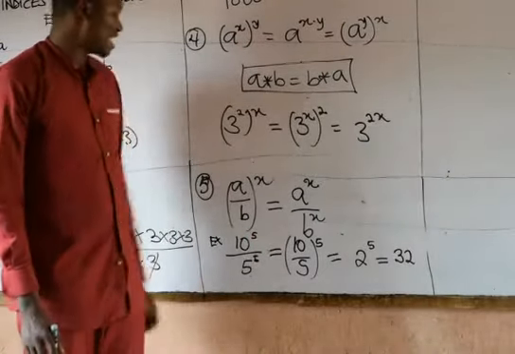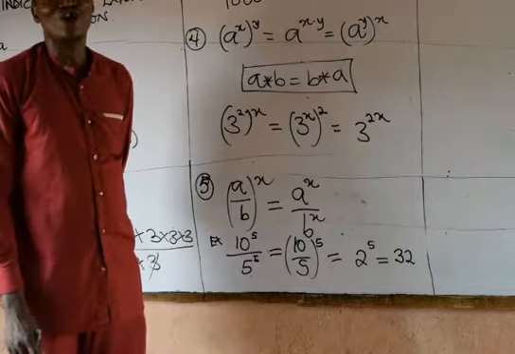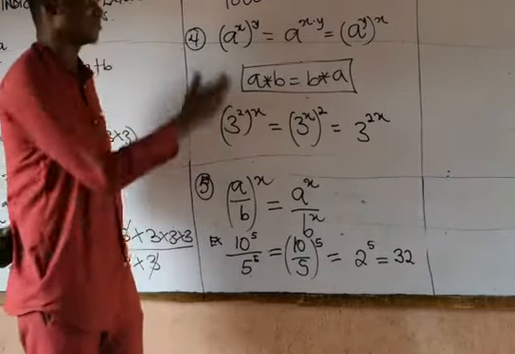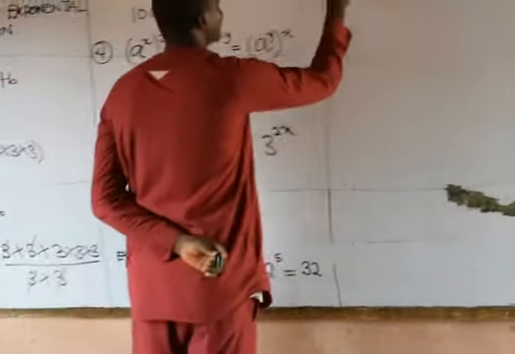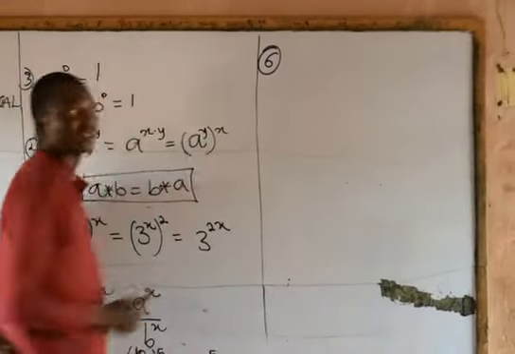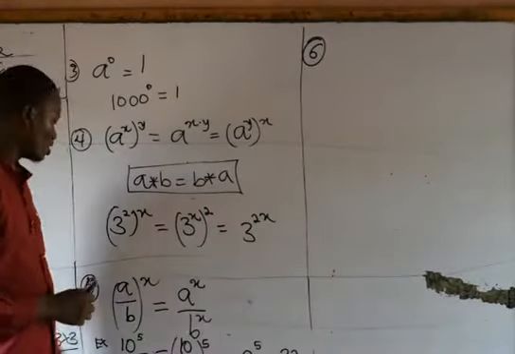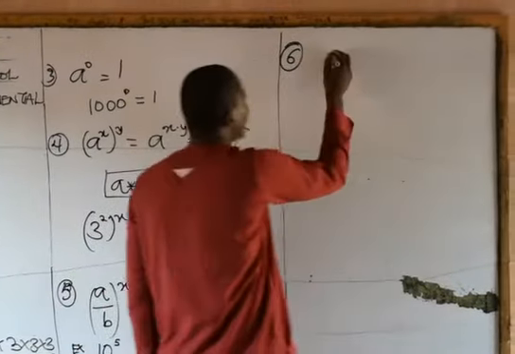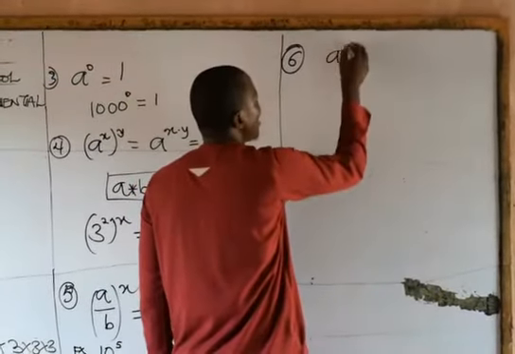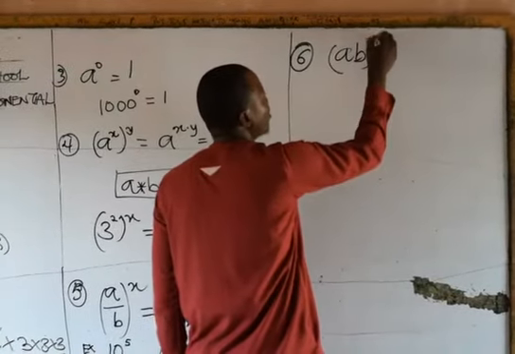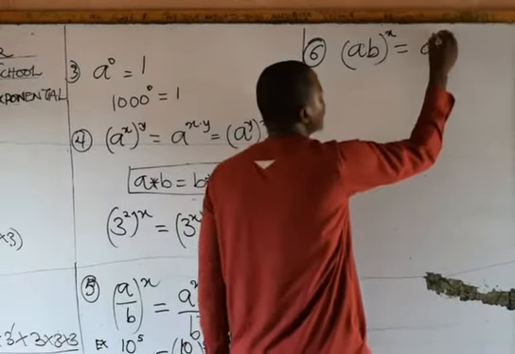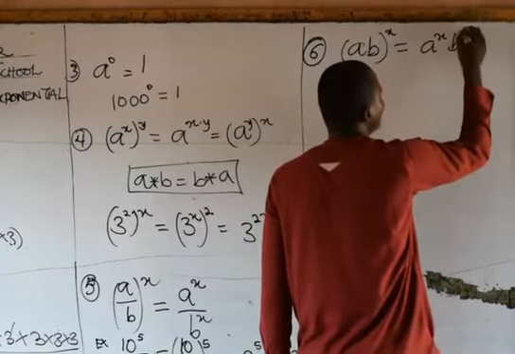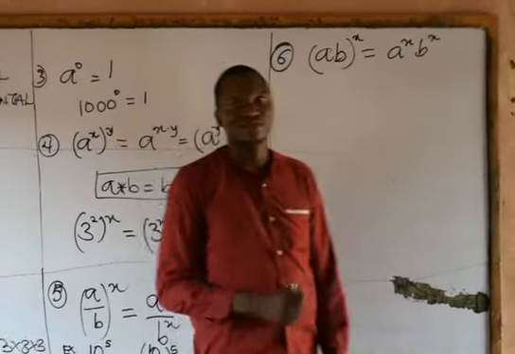We move to the next law, law 6. The 6th law is just like the 5th law, where we have ab raised to the power of x equals a raised to the power of x multiplied by b raised to the power of x.